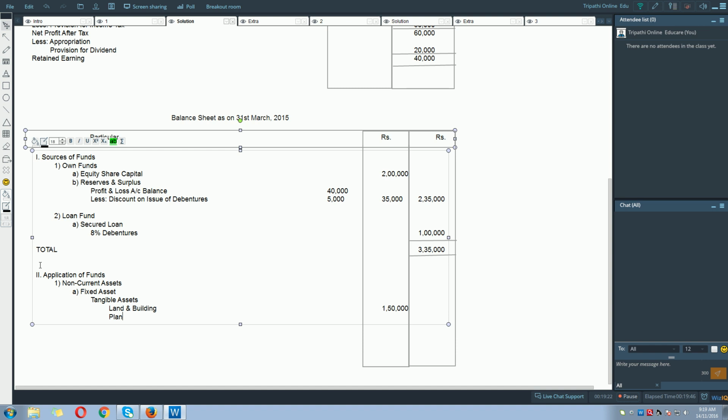Under fixed assets we have tangible assets. Under tangible assets we have land and building, which is 1,50,000. Then you have plant and machinery, which is 1 lakh. So the total tangible fixed assets that you have is 2,50,000.